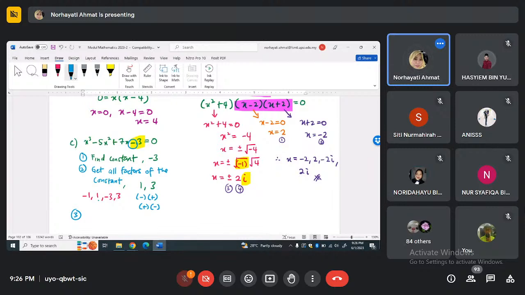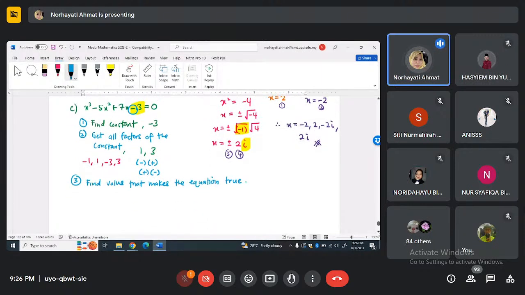Okay? Find the value that makes the equation true. Okay? Itu step yang ketiga lah.